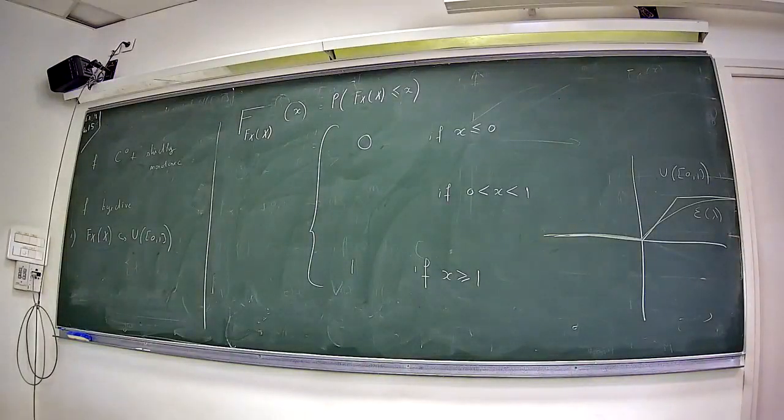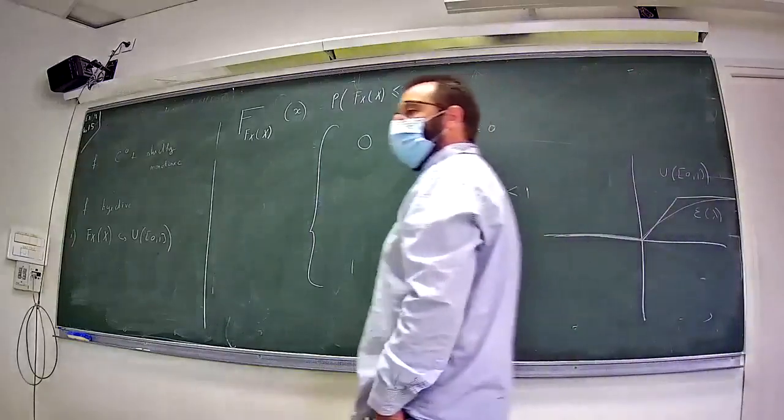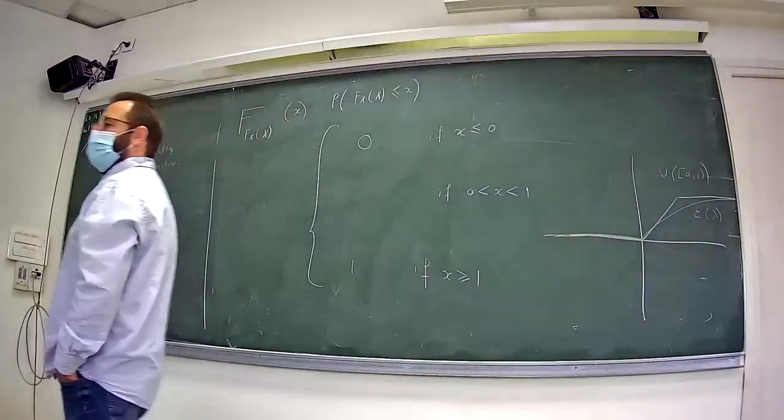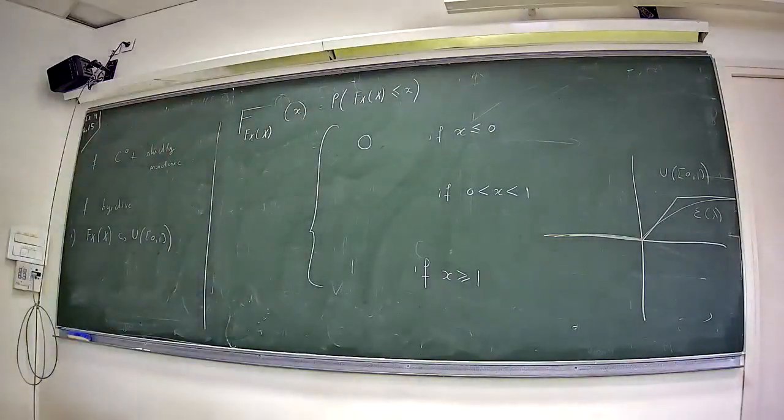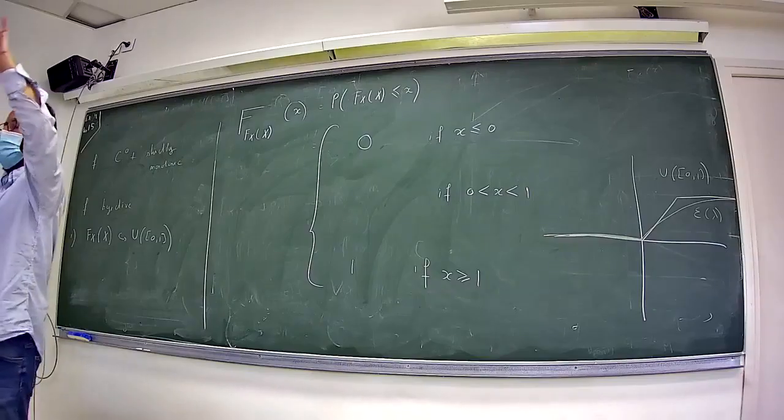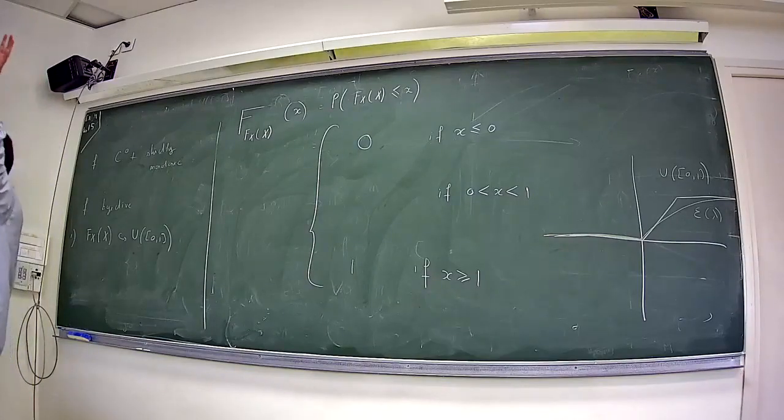What can you say about the monotony of F_X minus 1? If you have a mapping that is increasing and bijective, what can you say about its inverse? Of course it is bijective. But if you have a mapping that is bijective and strictly increasing, its inverse is also strictly increasing.